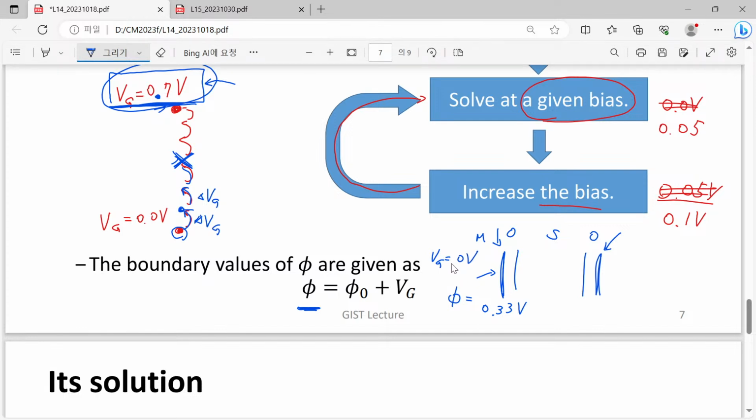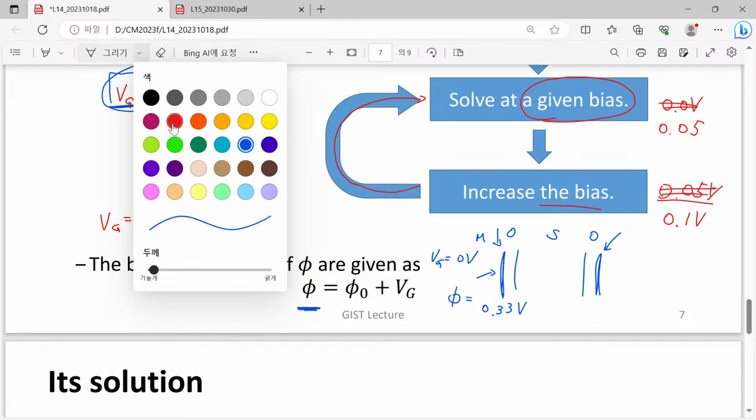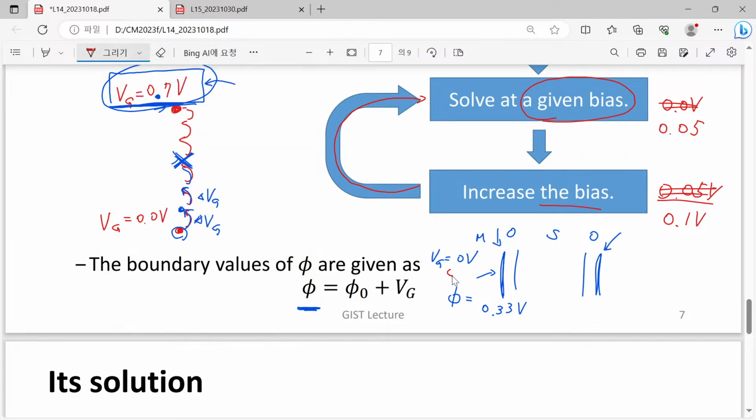Then how about the case when the gate voltage happens to be 0.7 volt? What should be the correct boundary condition for this node? The answer is simply adding this number. Since the gate voltage is 0.7 volt, our potential is also increased by the amount of the applied gate voltage.